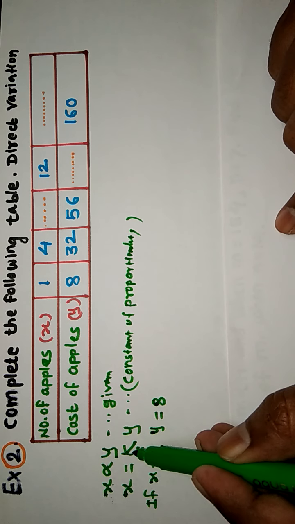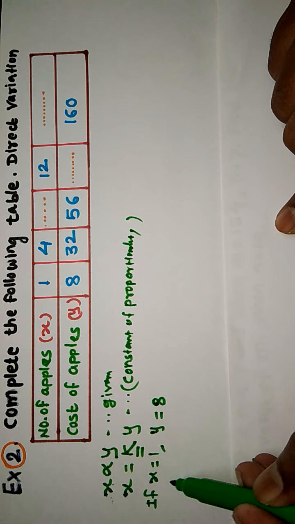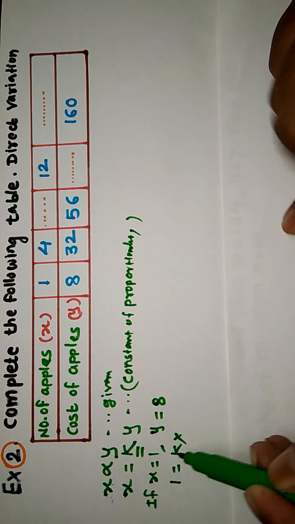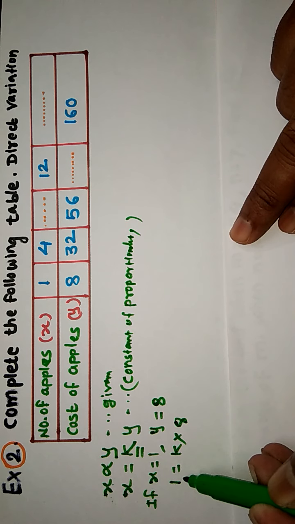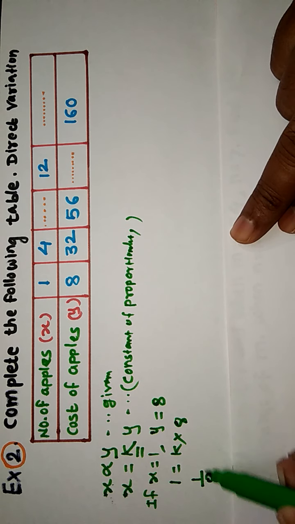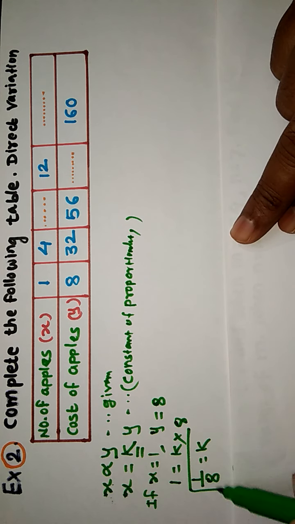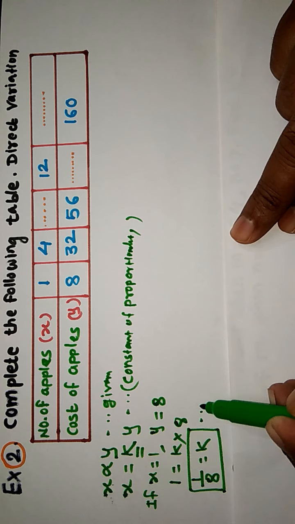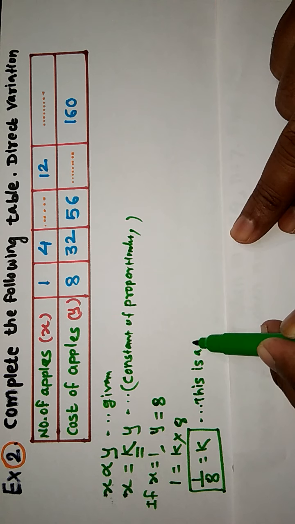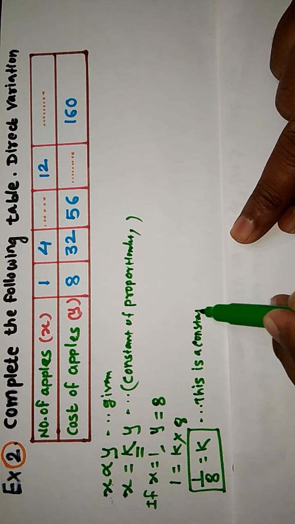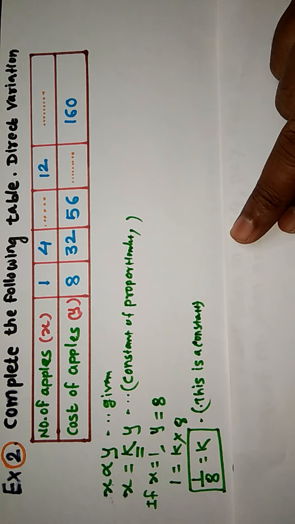Substitute these values in this equation: 1 equals k into 8. Dividing 1 by 8, we get 1 upon 8 is equal to k. Therefore the value of k, this constant of variation, is 1 by 8. First we find the value of k.